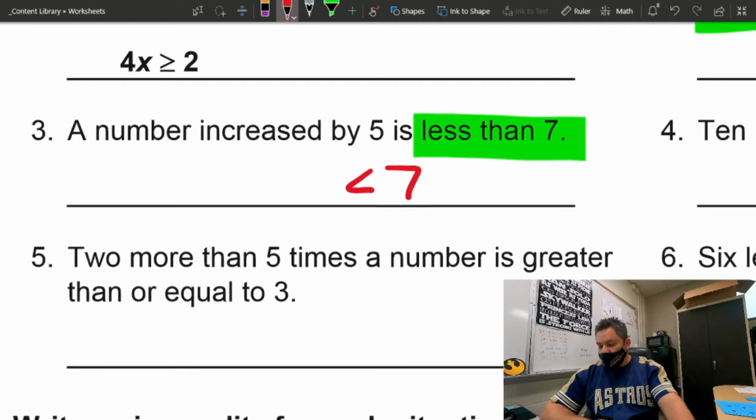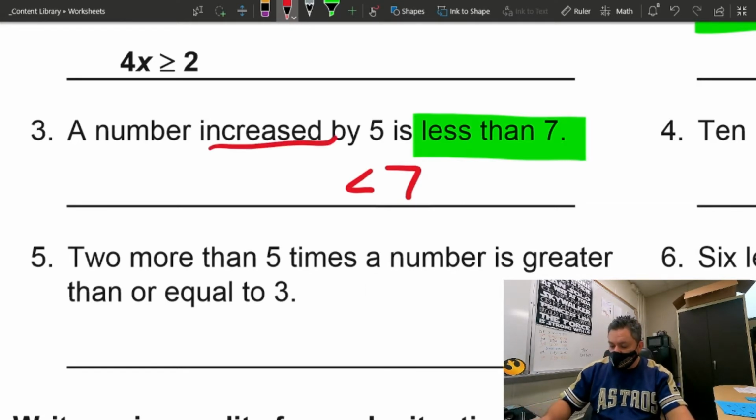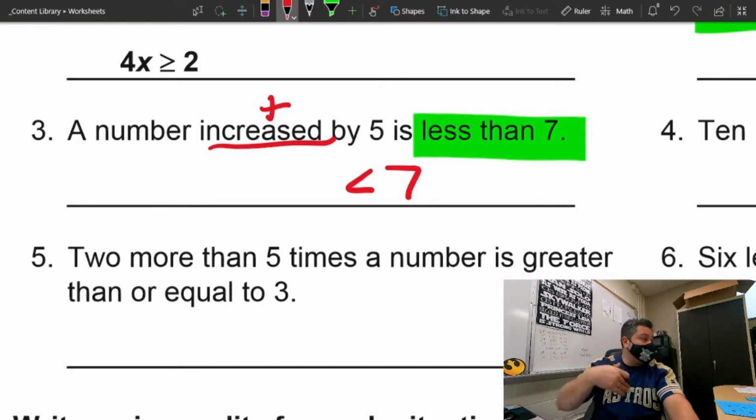Then I'm going to look at what it's saying. A number increased by 5. What does increase mean? Or what operation is that? Add, right? How do you write a number? What will you put as a number? Isn't that your variable? I need feedback, guys.